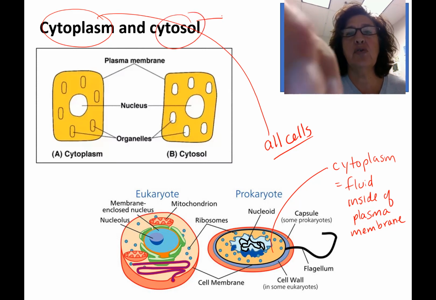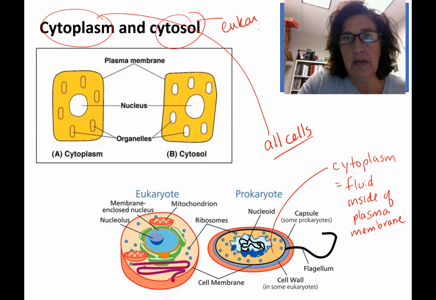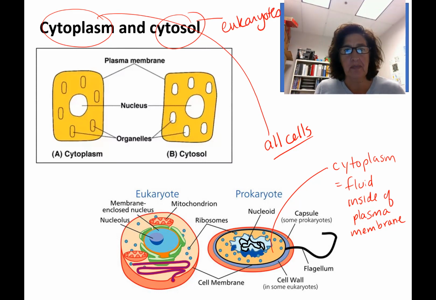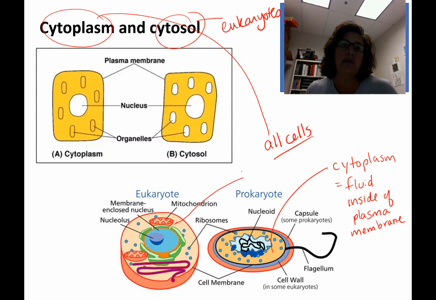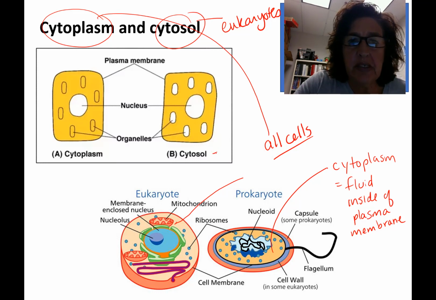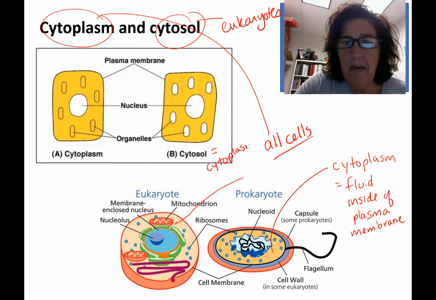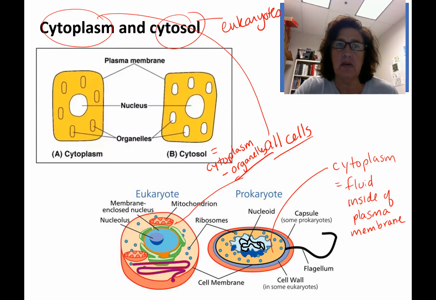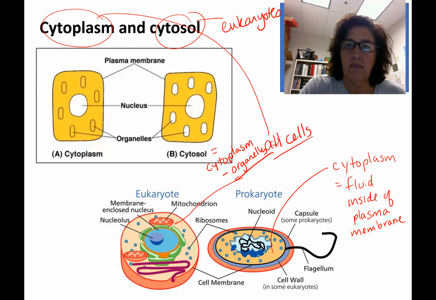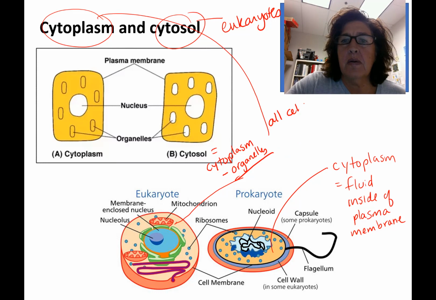Cytosol is specific to eukaryotes. And it's still the same thing. It's still this fluid. The difference between cytoplasm and cytosol is that cytosol is basically the cytoplasm minus the organelles. Oops, I'm running my words together. All cells. Right?